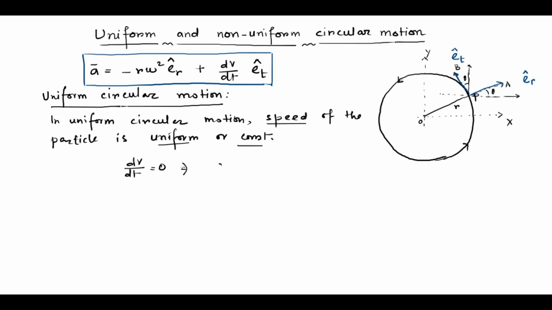This implies the a vector equals minus r omega square e_r vector. We can write this as r omega square times minus e_r vector, and minus e_r vector is the radially inward direction.